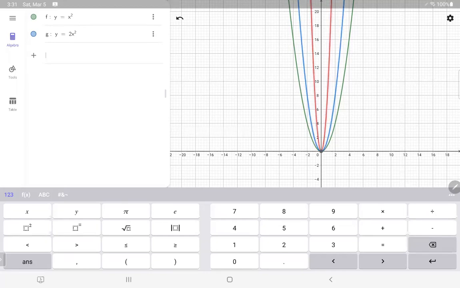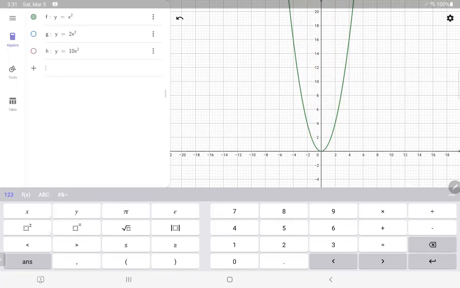Right? Now, let's take something smaller than 1. So y equals, let's say, half x squared. Fat. Let's take 1 over 10.